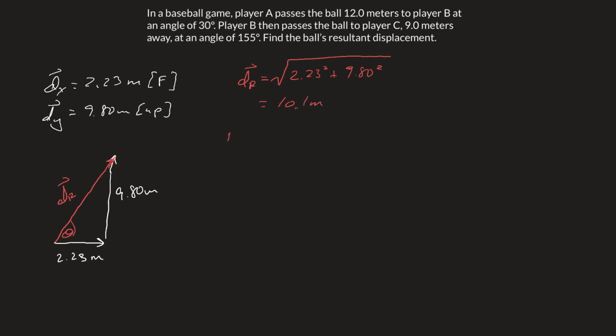And we can go ahead and use our tan theta, which is equal to opposite over adjacent. So the opposite here is 9.80. The adjacent is 2.23. We can rearrange that to solve for theta, which gives us a value of 77 degrees.